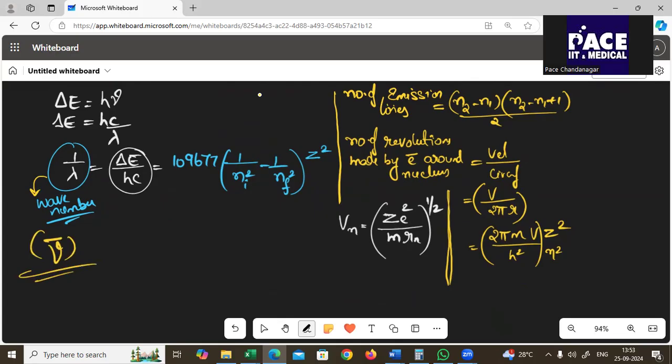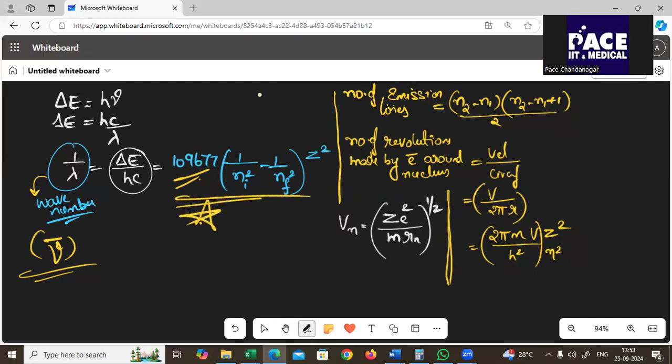And the value of it is Rydberg's constant, 109677, times 1 by initial n square minus 1 by final n square, times Z square, because it is energy there. So Z square by n square has to be there, and the delta energy would be the change, final minus initial, right? So that would be the value for this question.